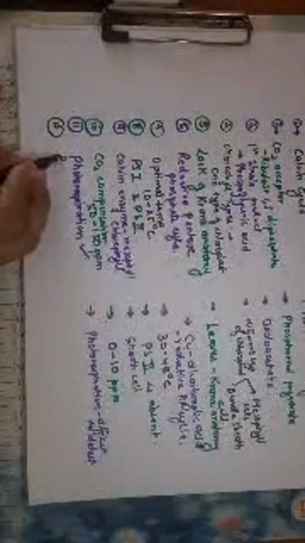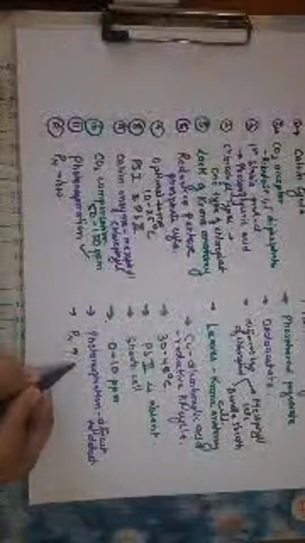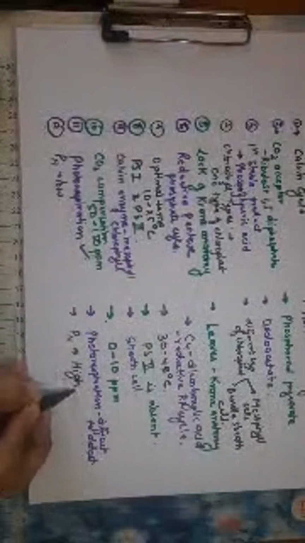The 12th difference is in terms of the rate of photosynthesis. For the C3 plant, the rate of photosynthesis, which we denote by Pn, is very low, so they are less productive, whereas the net photosynthetic rate is quite high in the C4 plants.